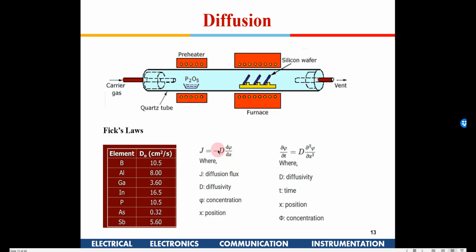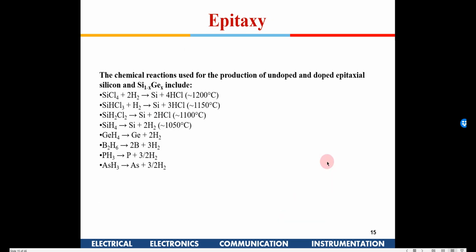So obviously it will be directly proportional, right? If you have high density ions passing here, then the growth will be higher, more atoms will get diffused, and similarly if the rate is high. So it depends on the rate as well as the total concentration. These are known as Fick's law.